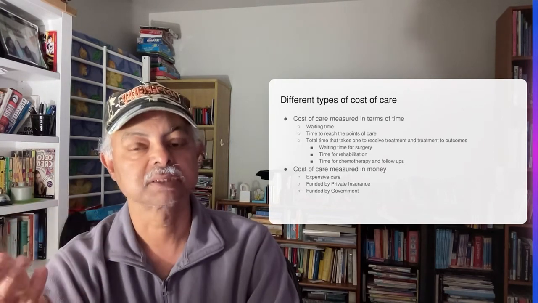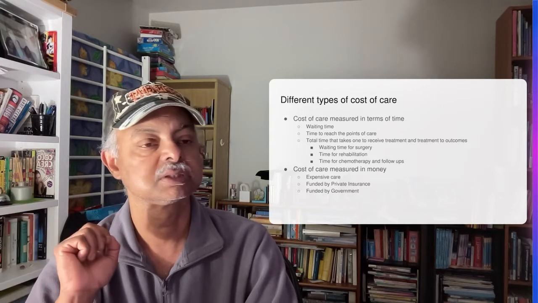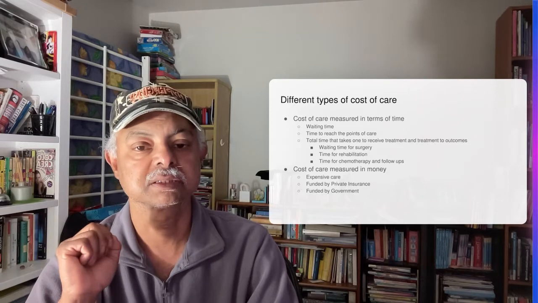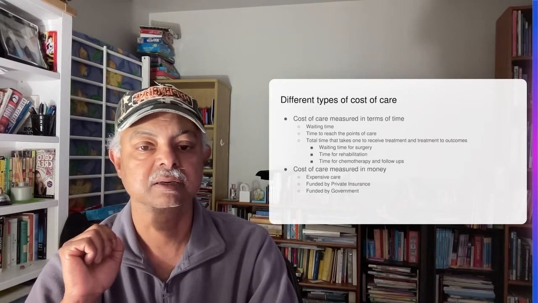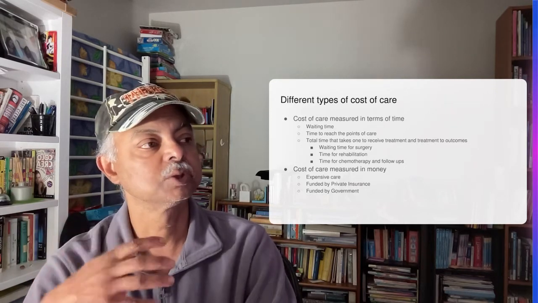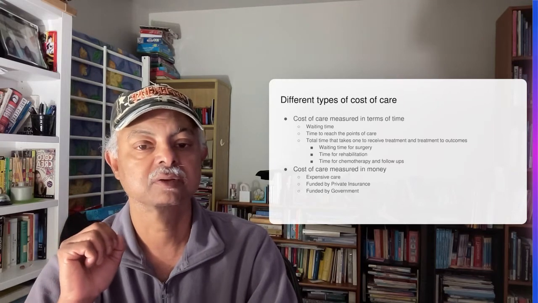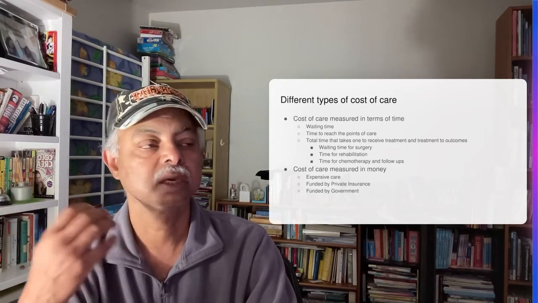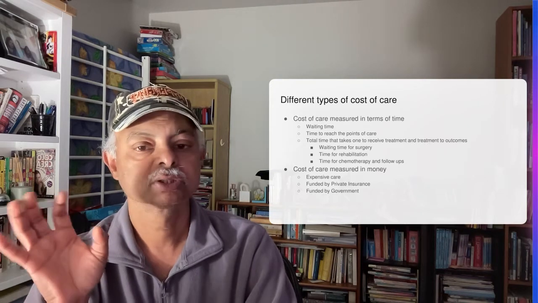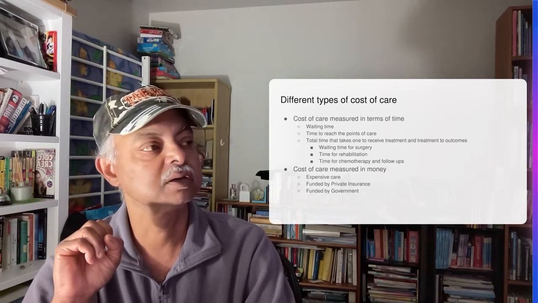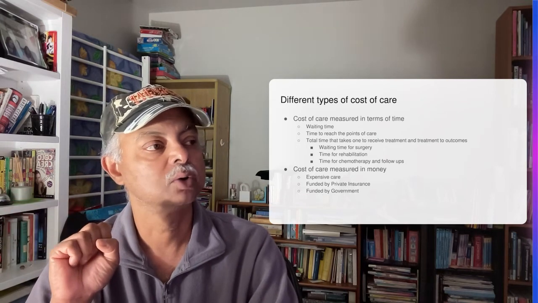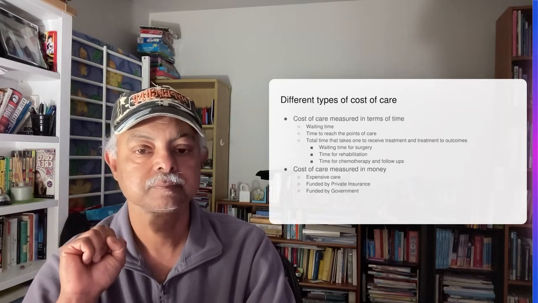The longer the time, the more expensive it becomes in terms of delivering care, because fewer and fewer people will be able to access or can be seen in that time. And so we calculate the total time it takes: waiting time for surgery, time for rehabilitation, for example, time for chemotherapy, for follow-ups. So time is a very important dimension when we understand the cost of care, and this has its own bearings on how we assess access to care.